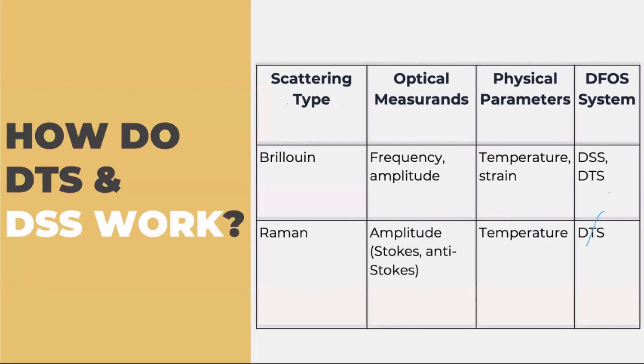Based on different principles, we can detect different kinds of things, either distributed strain sensing or distributed temperature sensing. For that, we use either Brillouin or Raman backscattering.